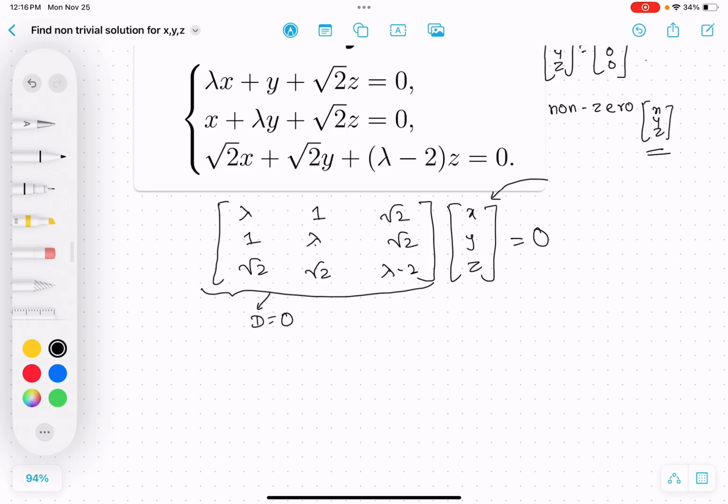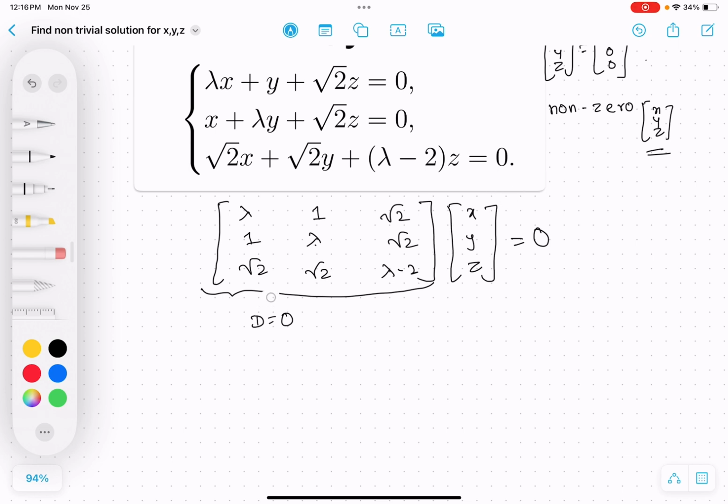For those values of lambda there will also be non-zero x, y, z, which give us non-zero solutions. So our flow is basically to first find the lambdas and then solve for the x, y, z's.